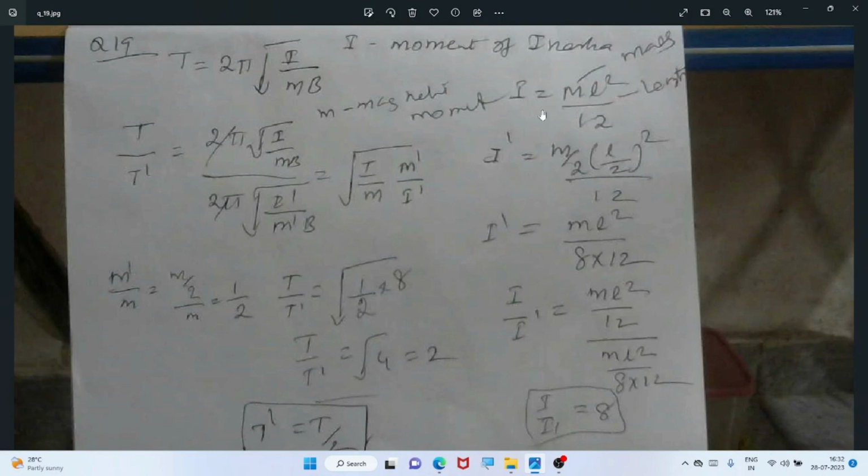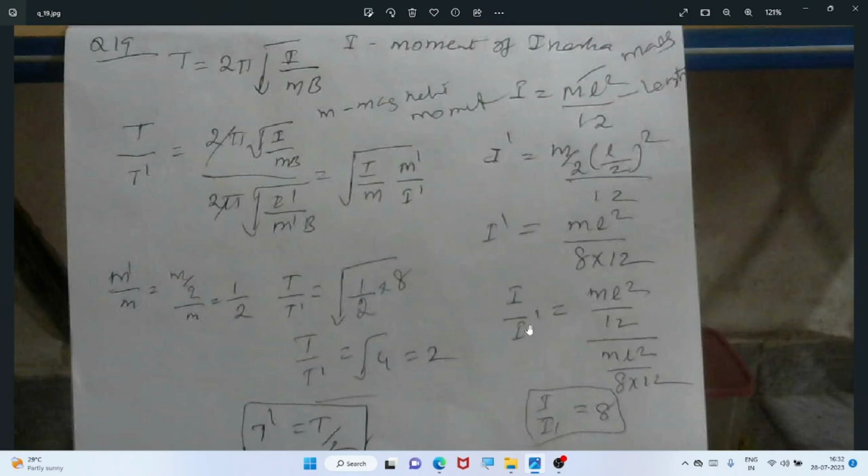This is the moment of inertia formula for a rectangle, and the bar magnet is like a rectangle. After we cut it into two pieces, we have half of the mass and half of the length, and this will be the new moment of inertia.